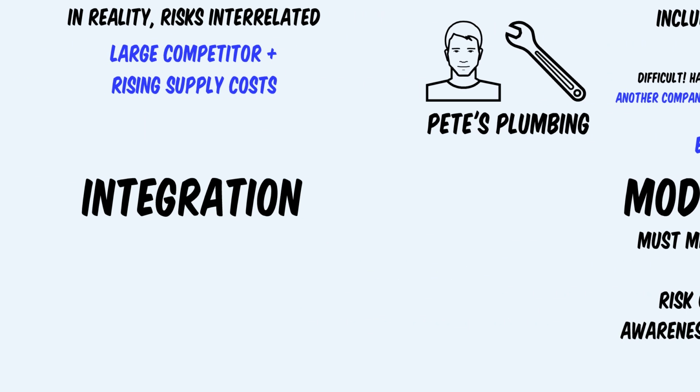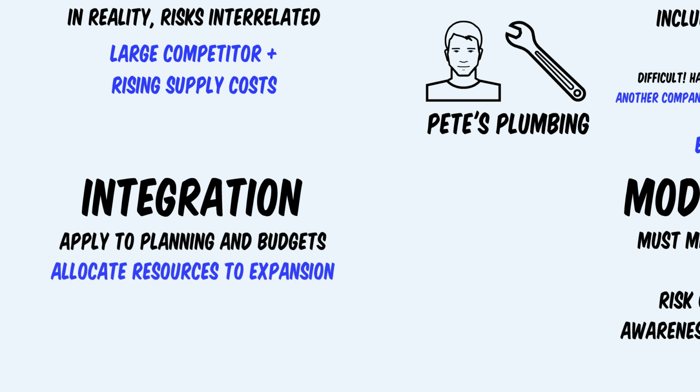But it's also very important that we integrate this into our planning process, into our budgetary process. So, for example, Pete had a strategy in place to expand into a nearby city should this national competitor move into the market. So he should allocate resources, set aside resources needed for that expansion should he need to actually undertake this expansion.